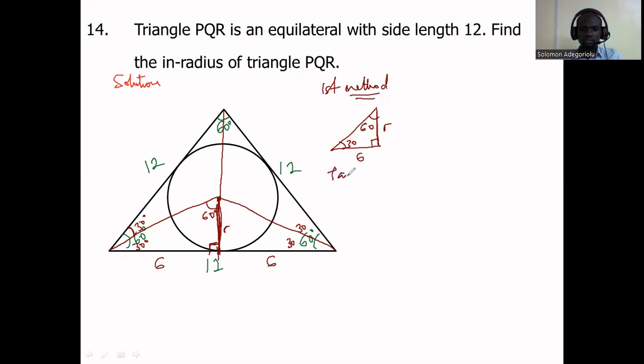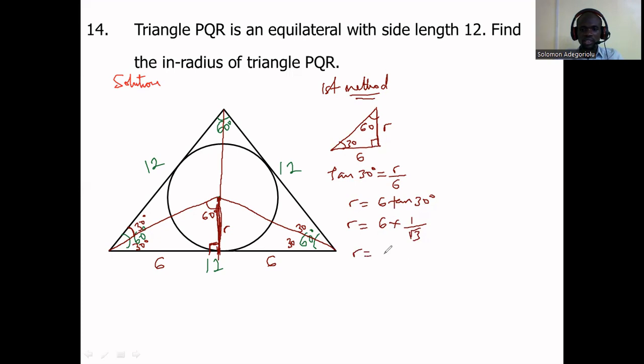So we have tan 30 degrees is equal to, opposite is radius, which is r, over adjacent is 6. So r, which is radius, is going to be 6 tan 30 degrees. Okay, and radius is equal to 6 times, what is our tan 30 degrees? That's 1 over root 3. Okay, so we have 1 over root 3.